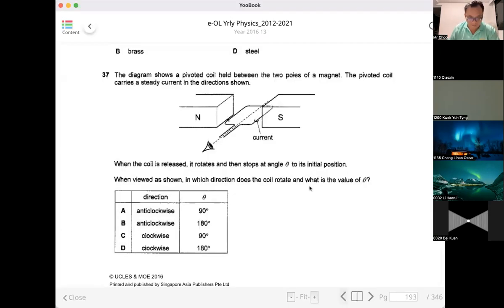Okay, all of you look at question number 37. Take a look. Quickly tell me, what rule do you use?